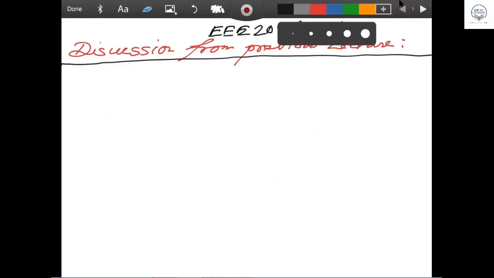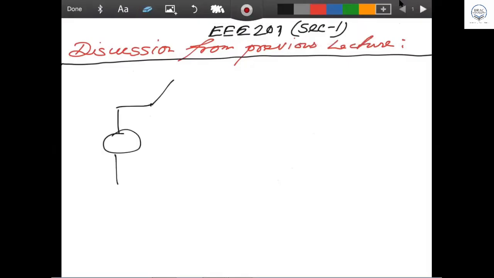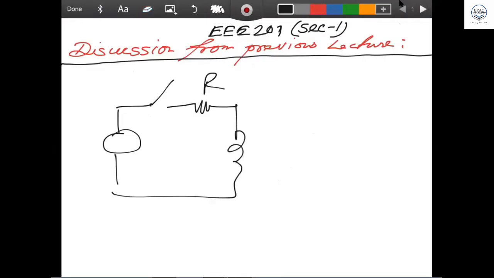The RL complete response, last class I have shown. Remember these sort of things, R and L. That means if you close the switch at time t equal to 0, then a voltage source is applied on the RL circuit.